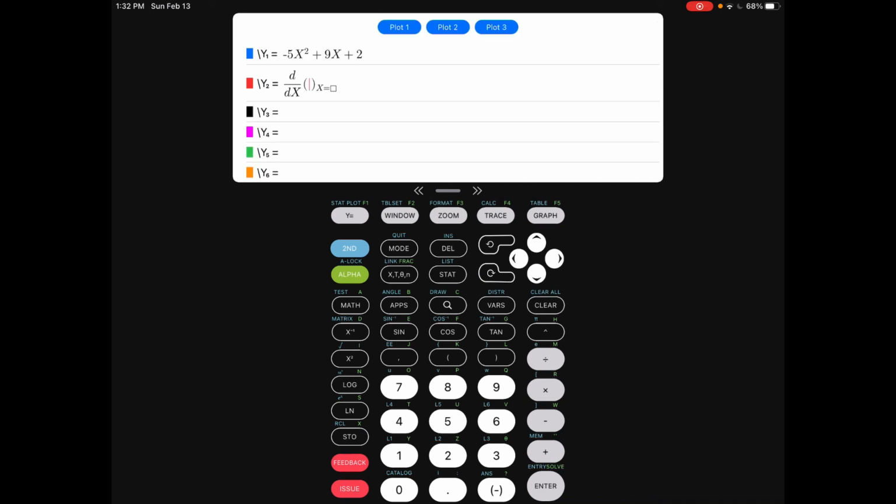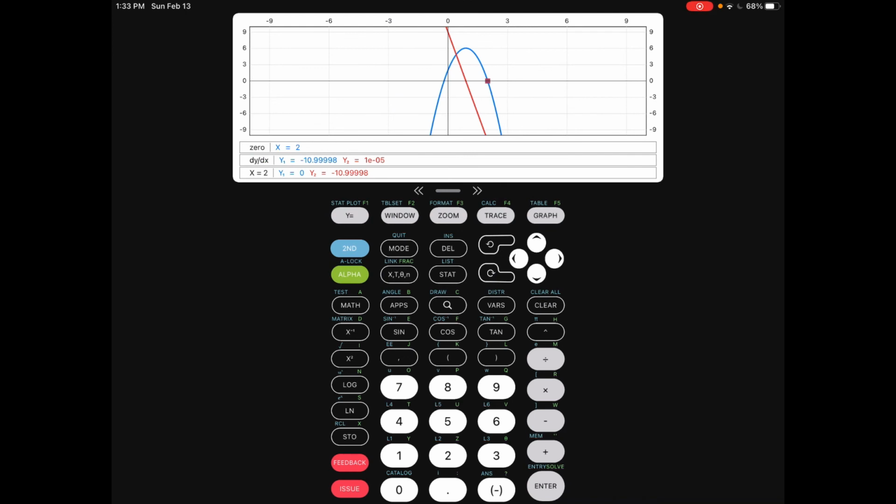Okay. And I want the derivative with respect to x of negative 5x squared plus 9x. And this is really hacking the calculator here. And when it says at x equals what? I say at x equals x. And that will get it to graph the derivative for me.